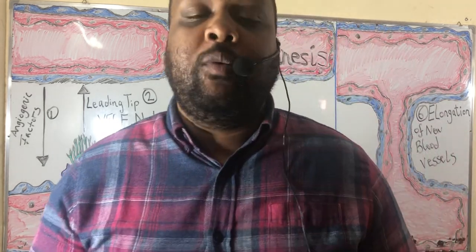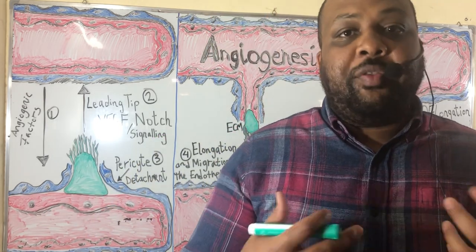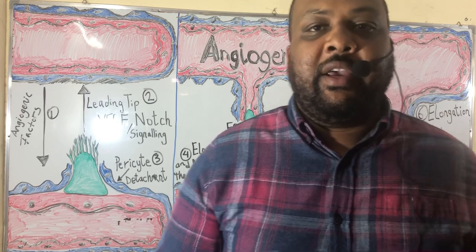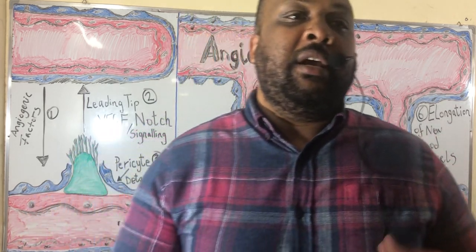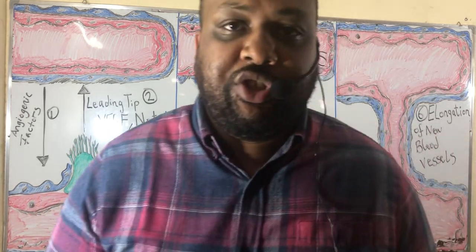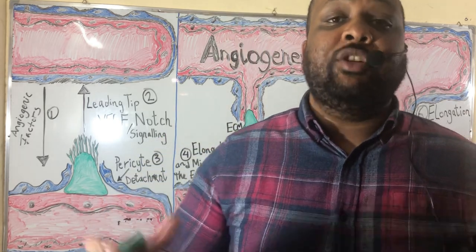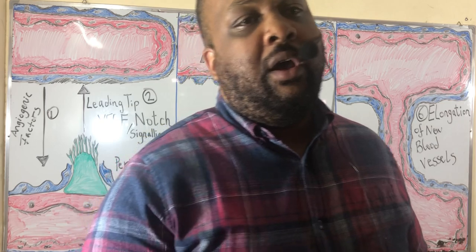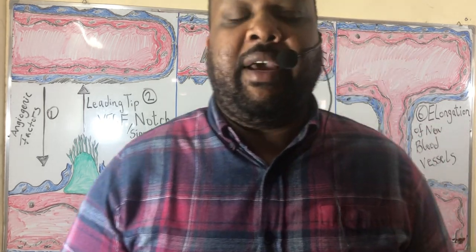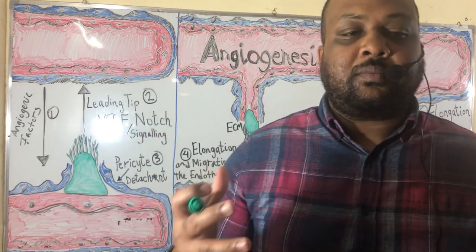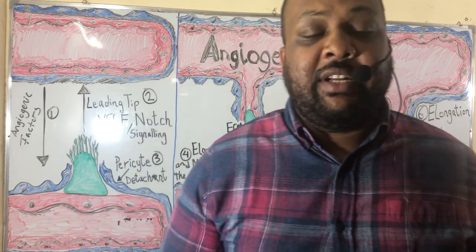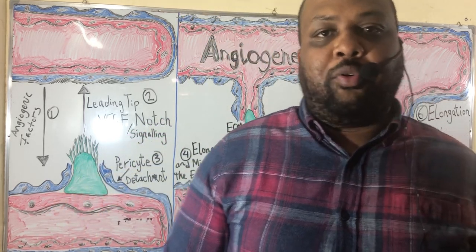That could never happen without angiogenesis, without blood vessels that would bring blood supply to these proliferating cells. The blood supply is carrying oxygen, is carrying nutrients, and is also removing and washing off metabolic waste and toxins. So no proliferation without angiogenesis. In fact, angiogenesis comes before proliferation.